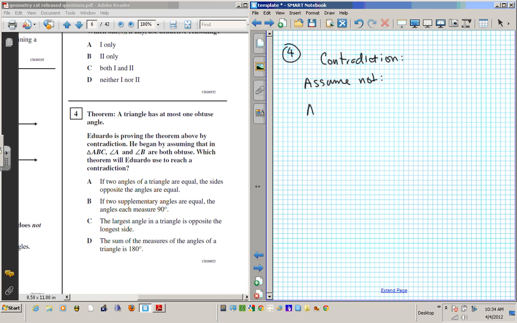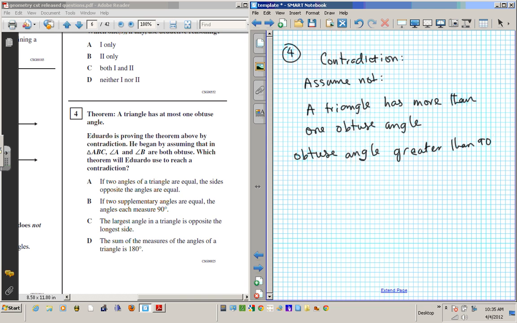So a triangle, if it does not have at most one obtuse angle, has more than one obtuse angle. Okay? What does obtuse mean? An obtuse angle is an angle that's greater than 90 degrees. So you have two angles in a triangle that are greater than 90 degrees.